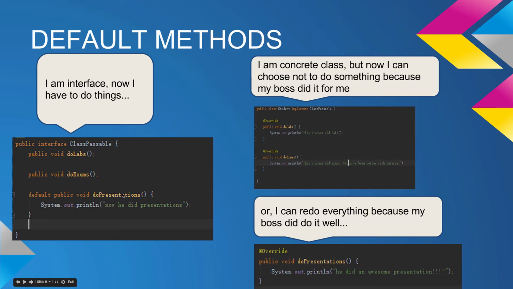You can just call the default methods within the concrete class, even though the concrete class didn't implement that method at all. Or if you think the default method implementation isn't what you want, you can override that default method to make it do what you want. That seems a pretty neat solution.